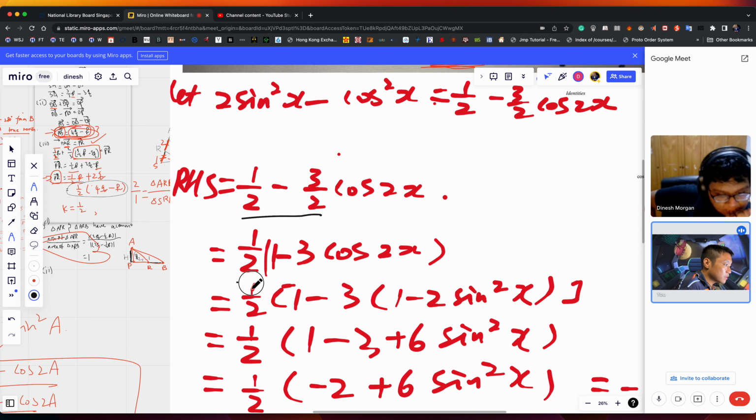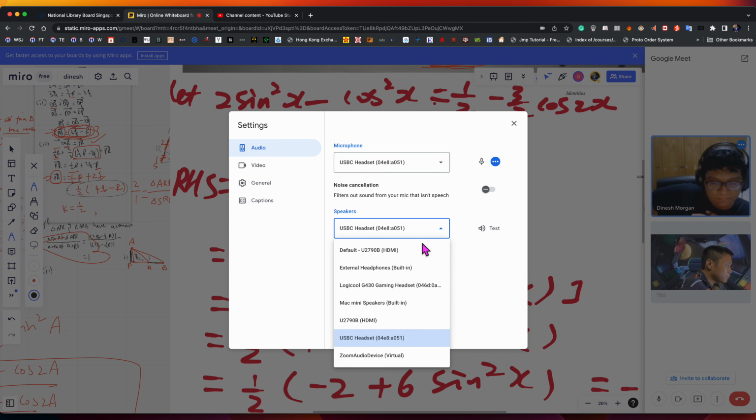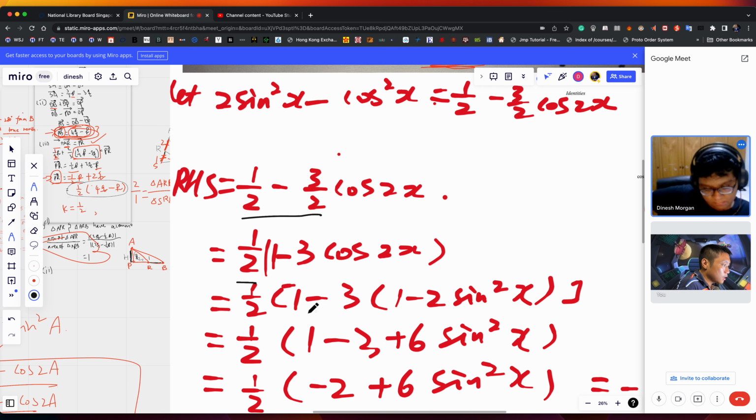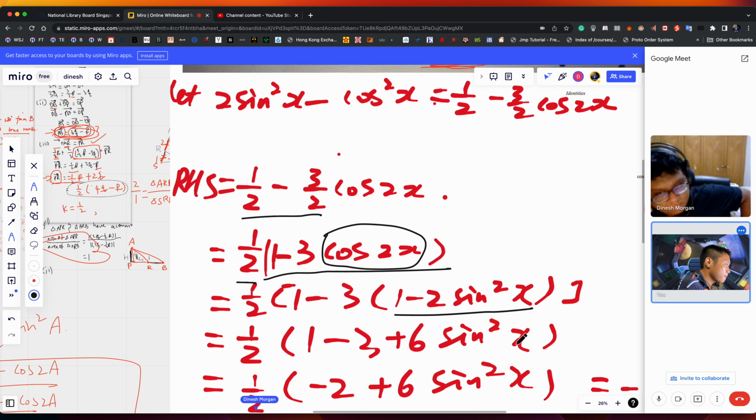There is a common factor half. Once you get the common factor out, then you will have this. Then after this, your cosine 2x, double angle formula, you will get this.